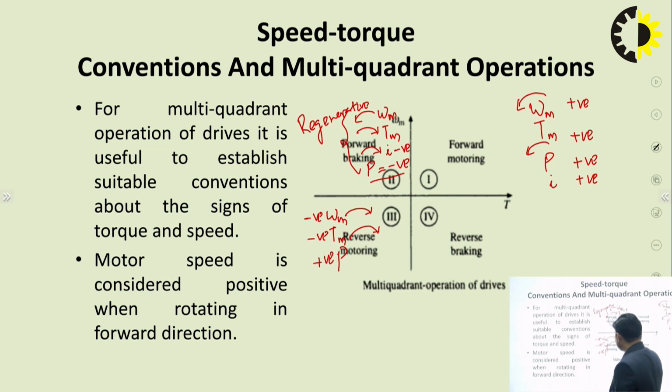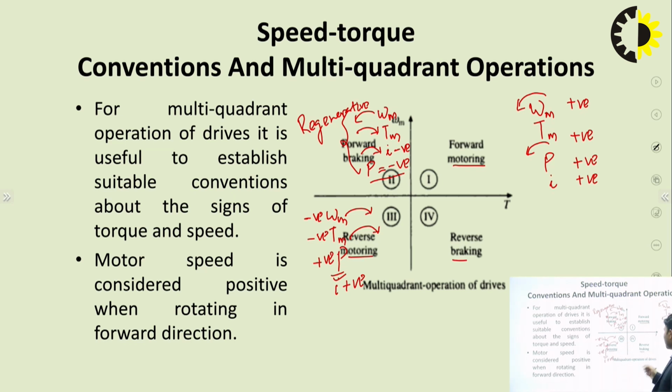So whenever power is positive at the load point, it means that power flow is still from source to the load, and therefore current will be positive, not negative, because in the motoring mode current will always be positive, that is, it will flow from source to the load. So this is the reverse motoring mode, and whenever motoring mode is there, we all know that power is always positive.